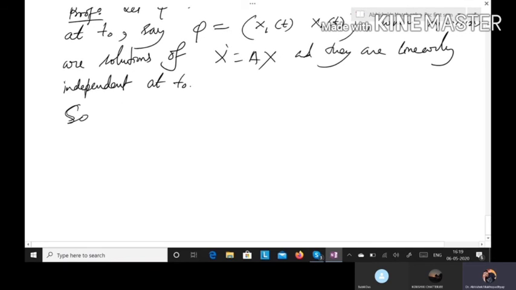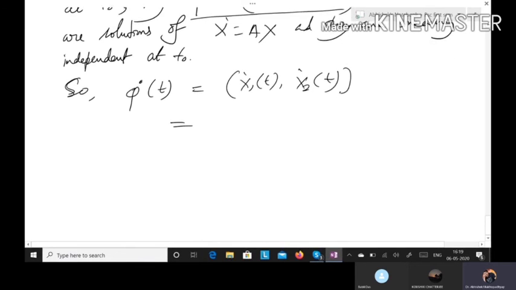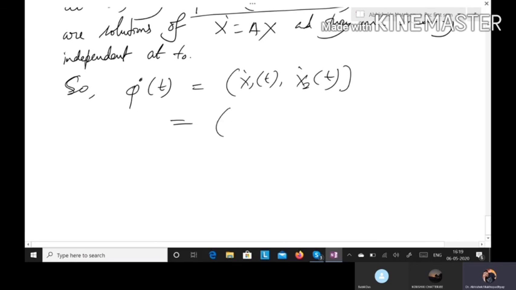Now by differentiating this, we have phi dot t, which is x1 dot t, x2 dot t. Now what is x1 dot? Since x1 and x2 both are solutions of the linear system x dot equal to Ax, x1 dot must be Ax1 and x2 dot must be Ax2.